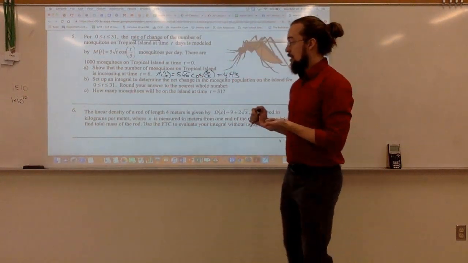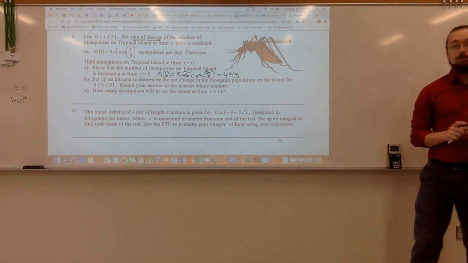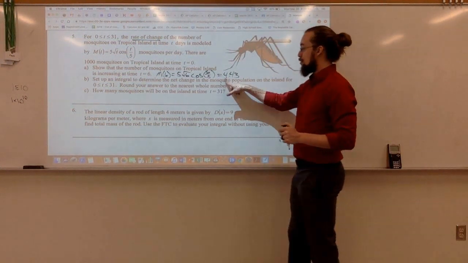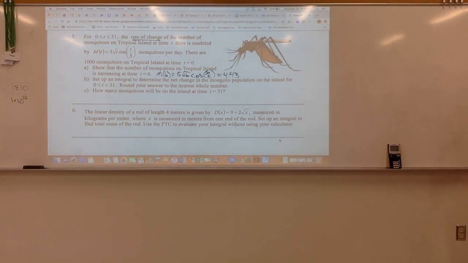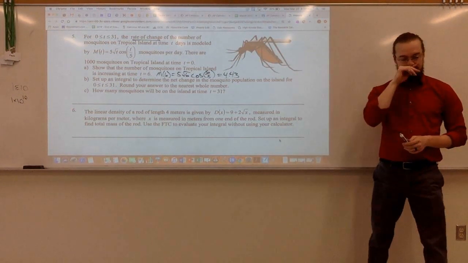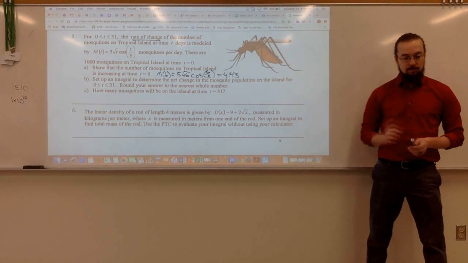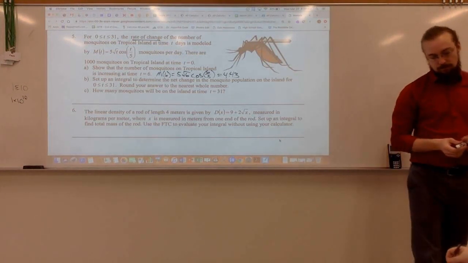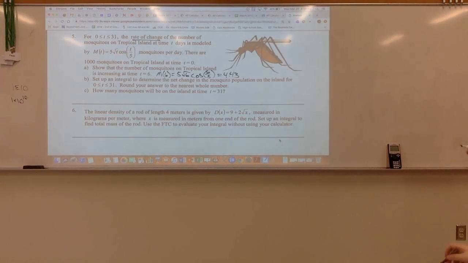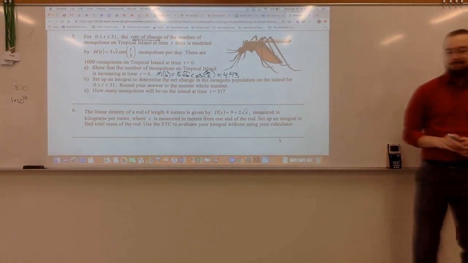At time t = 6, the rate at which the population of mosquitoes is changing is 4.43 mosquitoes per day. The population is increasing because the rate is positive.